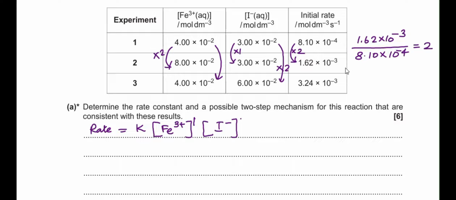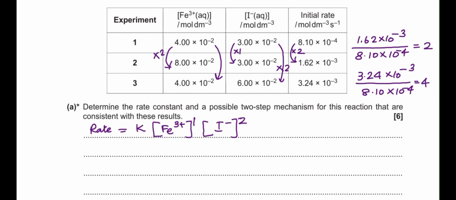In order to find out how many times the initial rate has changed, if at all, what we do is we put 3.24 times 10 to the power of minus 3 over 8.10 times 10 to the power of minus 4, and putting into the calculator we get 4. That means when the concentration of iodide ions changes by 2, then the initial rate changes by 4, which means the order of the reaction with respect to iodide ions is 2.